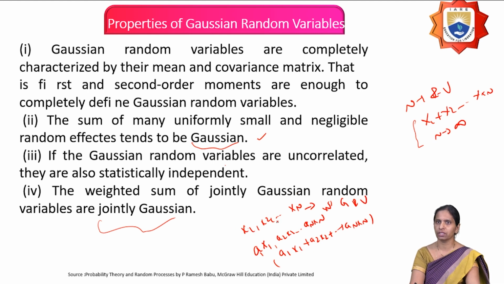So if x1, x2 and so on, xn are n Gaussian random variables, then the weighted sum of these n Gaussian random variables again has the Gaussian density function only.